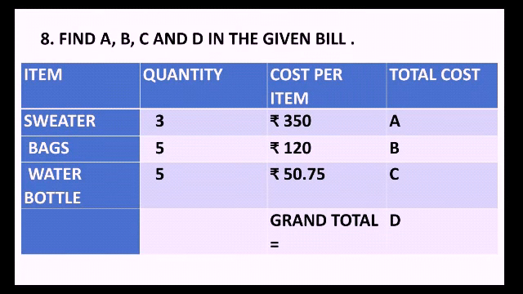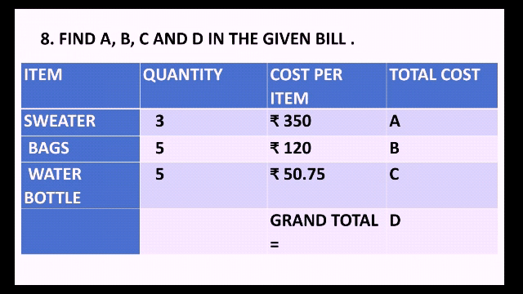Next question, question number 8. It is also very easy. Find A, B, C and D in the given bill. See, here the bill is incomplete. You have to complete the bill. What are the items bought from the market, the quantity, and the cost per item are all written. But you have to find the total cost of each item and also find the grand total.